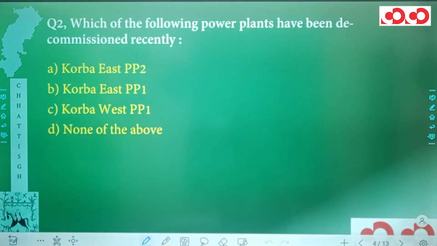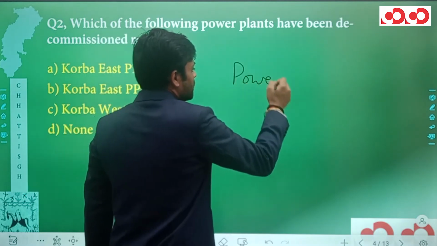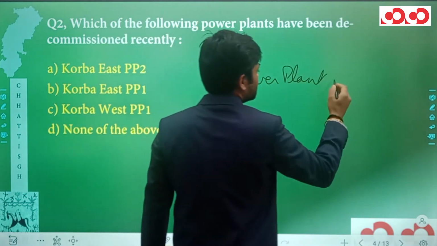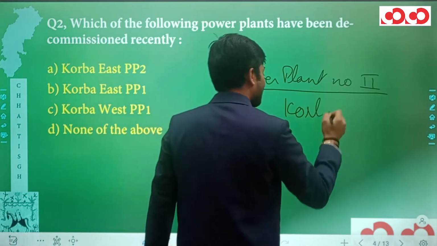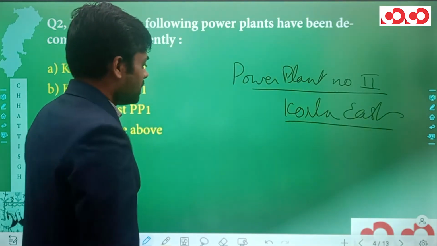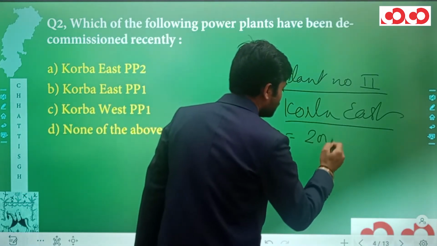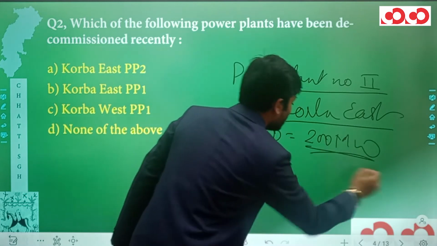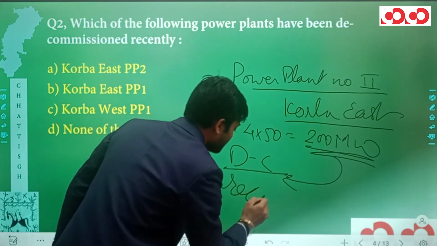Here we have our second question. Which of the following power plants have been decommissioned recently? Now, let me tell you, power plant number 2 from Korba East, with a capacity of 4 into 50, that is equal to 200 megawatts, was the one which was decommissioned recently.